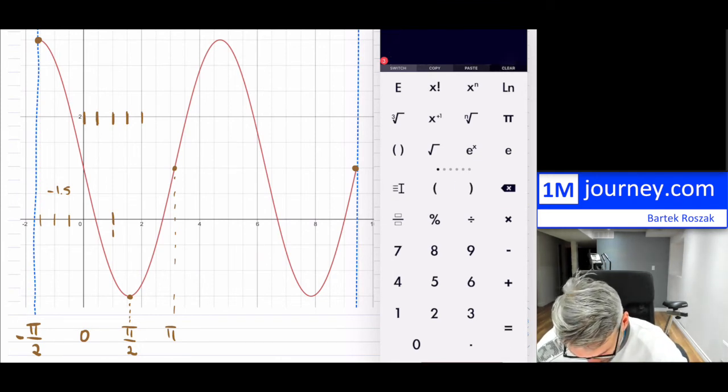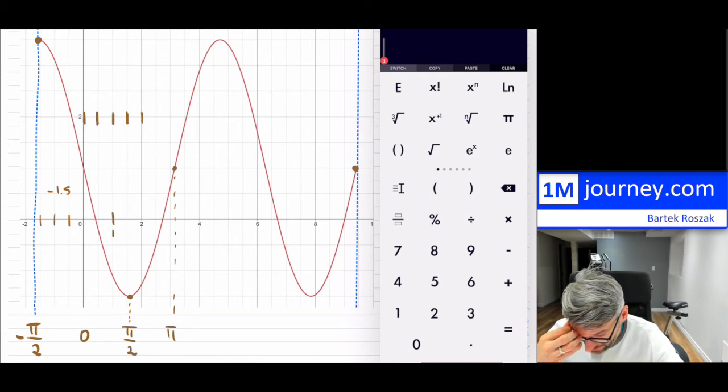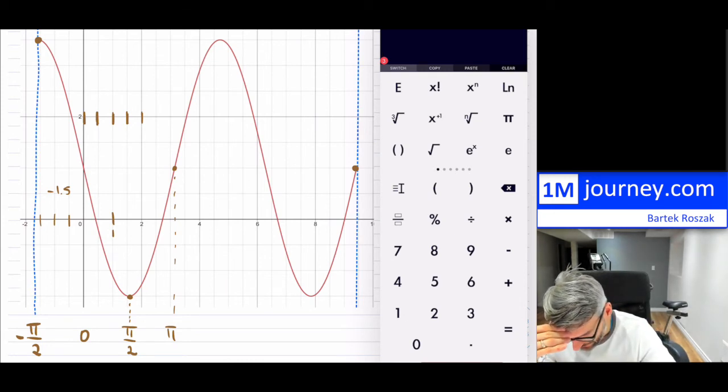And therefore, if this is pi, this is going to be 3 pi over 2, I think, if it's going up. So this would have been 3 pi over 2.